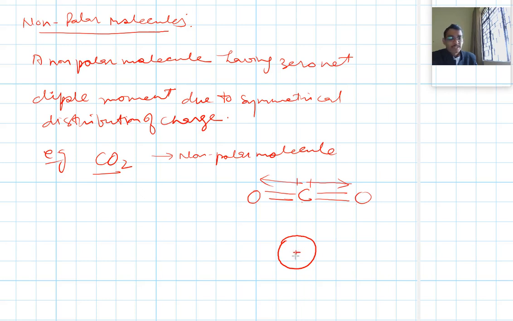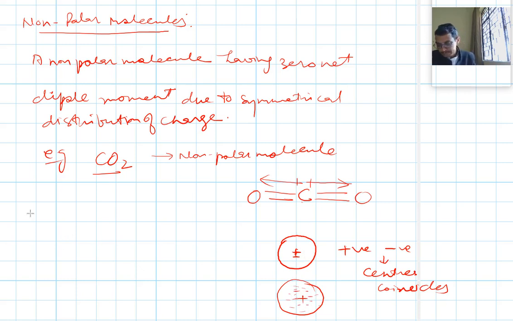So positive and negative charges are both symmetrical, which means positive and negative centers coincide. Or in some books it is sometimes represented like this, with positive and negative charges uniformly distributed. In either way you can represent it, right?